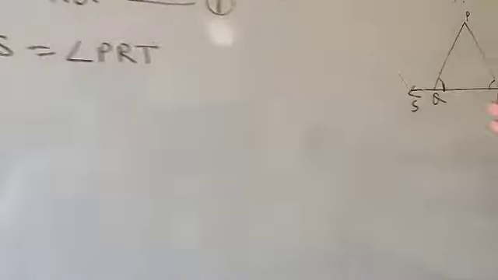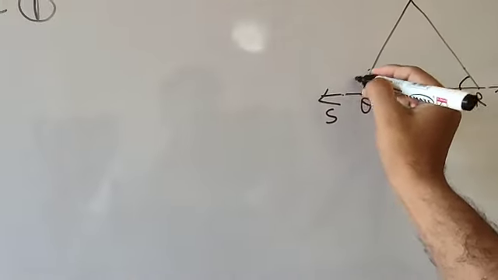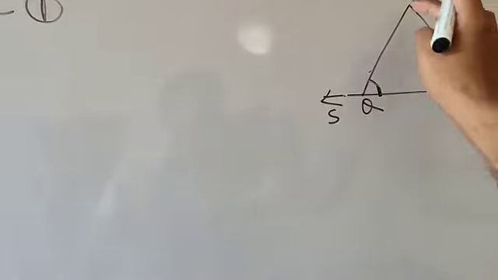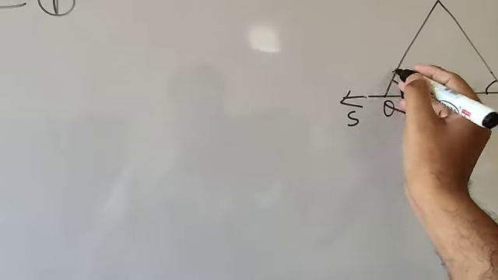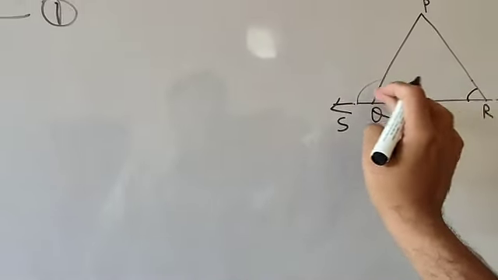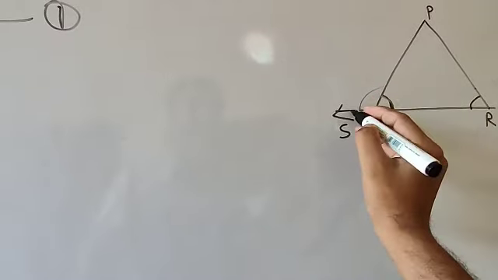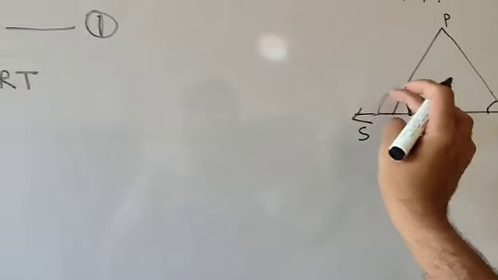So here students, this angle plus this angle, angle PQR plus angle PQS, the sum of these two angles will be 180 degrees. These are a linear pair of angles. Here it is a straight line, so their sum will be 180 degrees.